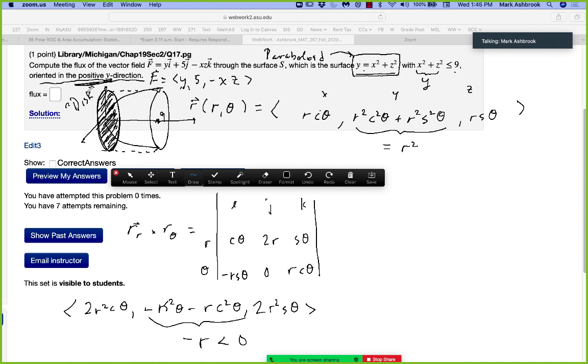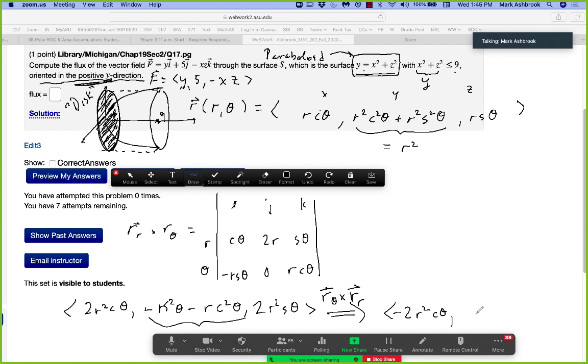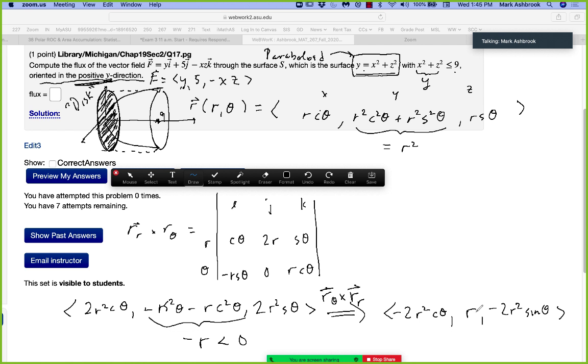Does not agree. Therefore, what cross product should we have done instead? R_theta cross r_r. Yep, we need r_theta cross r_r, which is going to be negative 2r squared cosine theta, positive r, and negative 2r squared sine theta. That agrees with the orientation that they want, positive y.